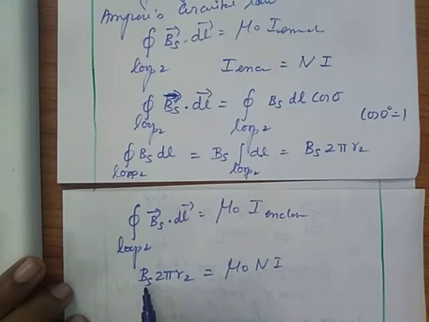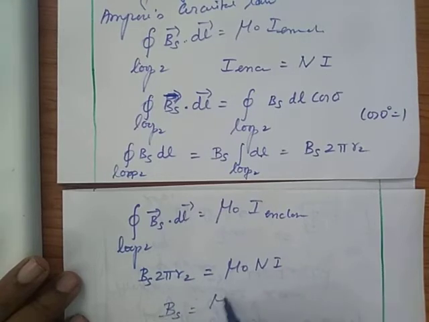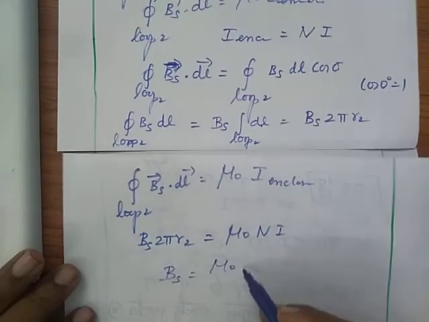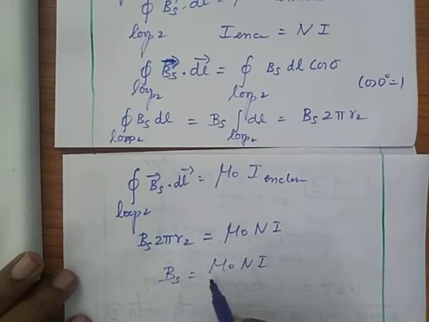We need the magnetic field inside the toroid, that is Bs is equal to mu naught N I by 2 pi R2.